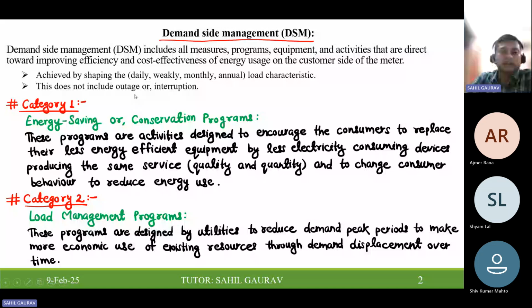These programs are designed by utilities to reduce demand during peak periods, to make more economic use of existing resources, through demand displacement over time. So the first one is encouragement by utility companies for consumers to replace less energy efficient equipment with less electricity consuming devices, and the second one is designed by utilities to reduce the demand peak periods.